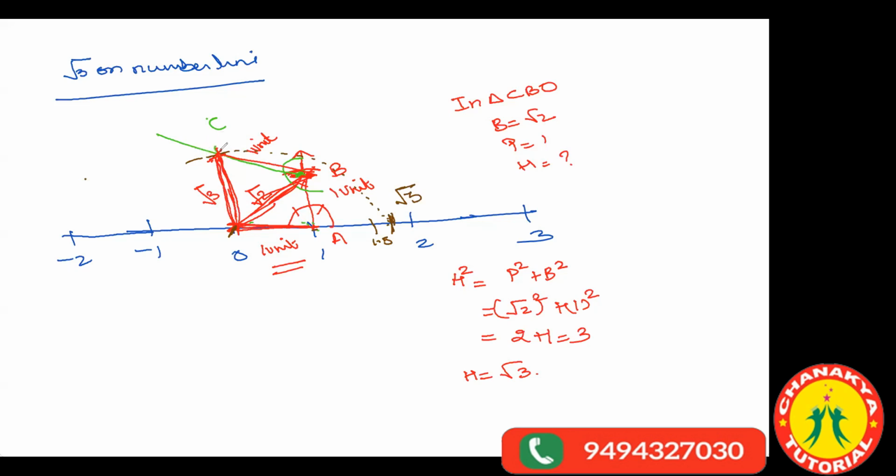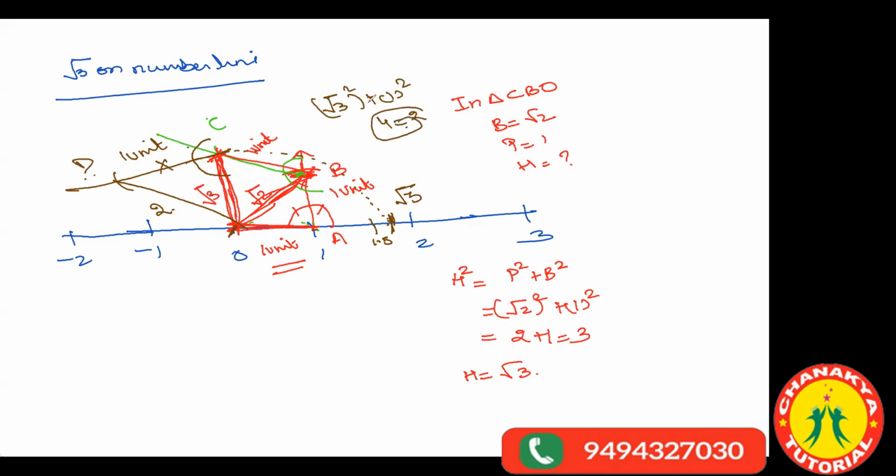Now you will draw a right angle at this C point again. Then again, cut 1 unit line segment from here. Mark this point as D. Now join O to D. And this will be 2 only. Clear? Because root 3 square plus 1 square will be 4, and it will be equal to 2.